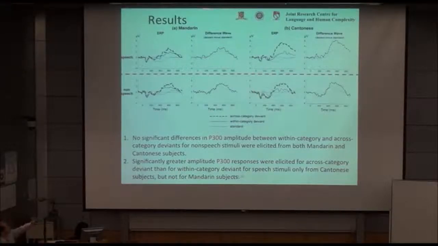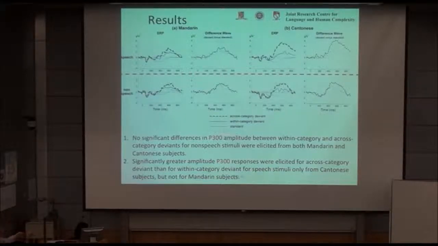For Mandarin subjects, the ERP waves for these two types of deviants show no significant difference. Although we can see some tiny difference here, it cannot reach significance. However, for Cantonese subjects, by eyeballing, we can see the difference is much larger, and statistically, the two deviants produced significantly different ERPs.